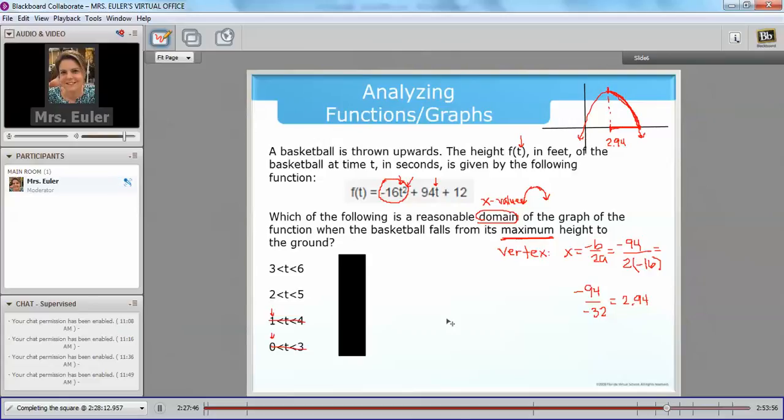So between these two, which one makes more sense? And you should find that 2.94 is a lot closer to 3. 3 is going to be right past this maximum right here, which still makes sense in our problem, all the way down to whatever time it takes down here. You should see that this first answer choice is the best.